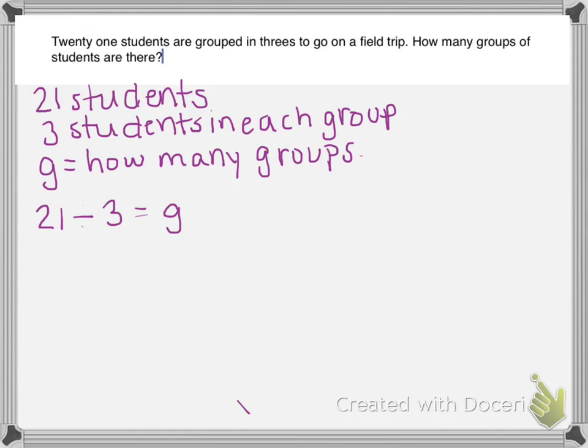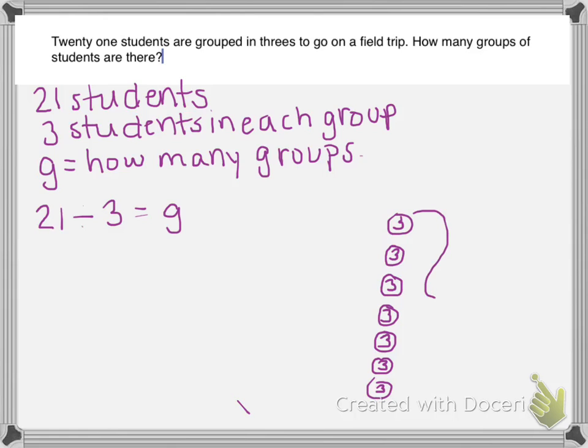I'm going to skip count to find my unknown this time. 3, 6, 9, 12, 15, 18, 21. I'm going to stop at 21 because that's how many students I have.